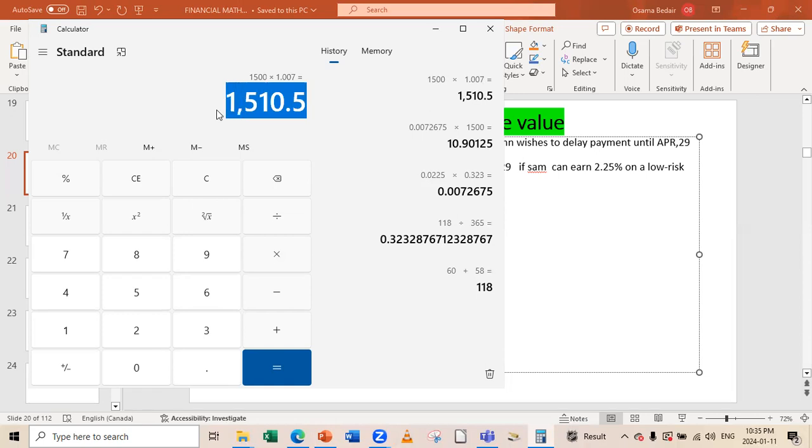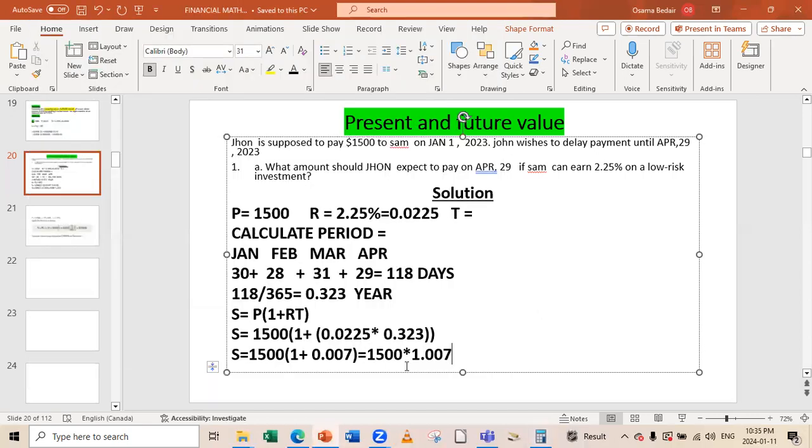I will take this amount and put it back here, Control C, copy. Then I will go here, equal. This is the amount which I will get.